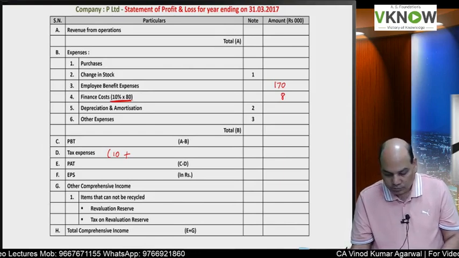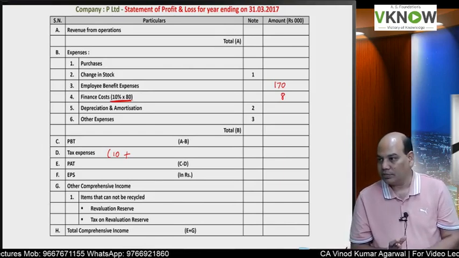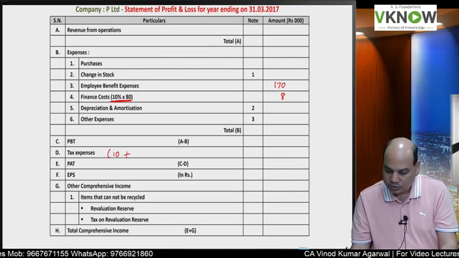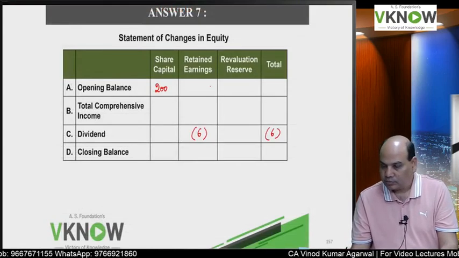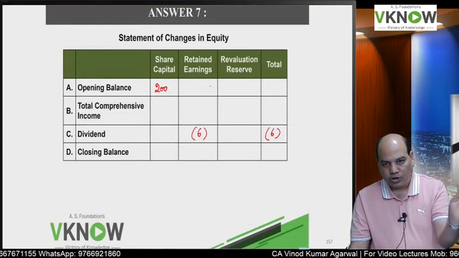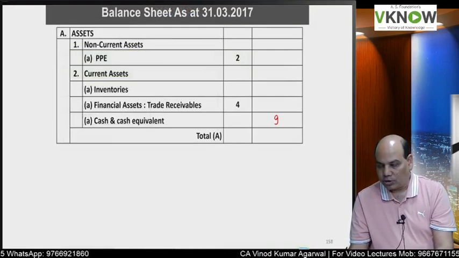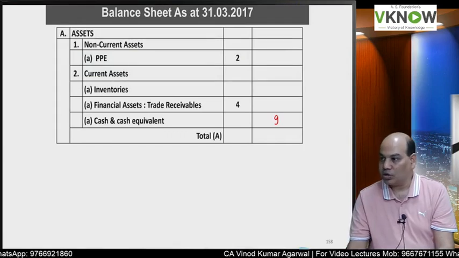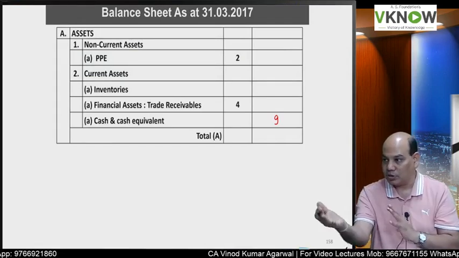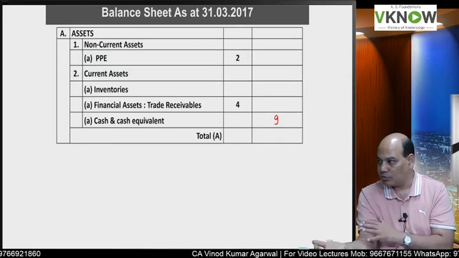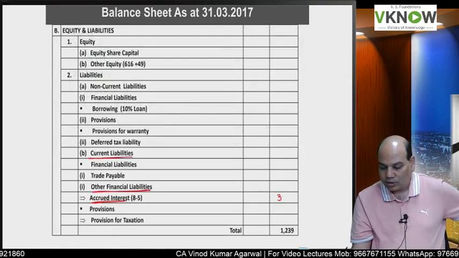So what I'll do, 15 I will reverse. So how do I reverse it? Provision account debit to expense account, because last year we had expense to provision. So this year we will reverse it.